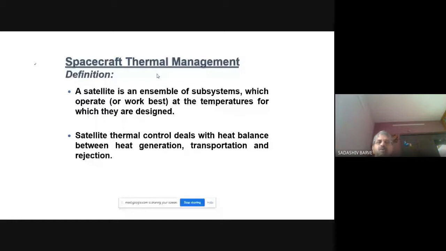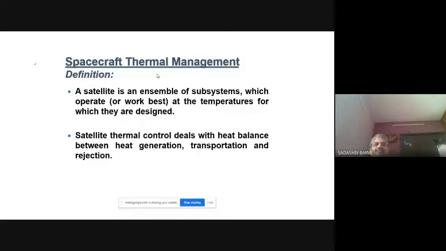Most of the packages and subsystems need to be maintained in a given temperature range for the package to work at its best efficiency. Satellite thermal control deals with thermal balance between heat generation, transportation, and heat rejection, so that the temperature of the satellite can be maintained within the specified limit.